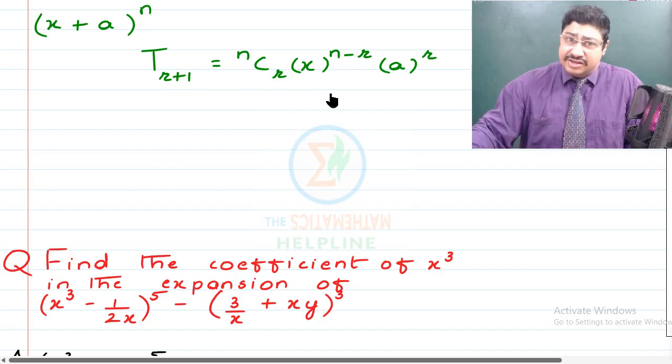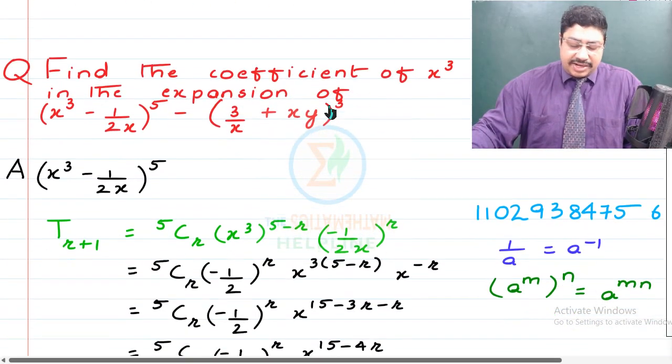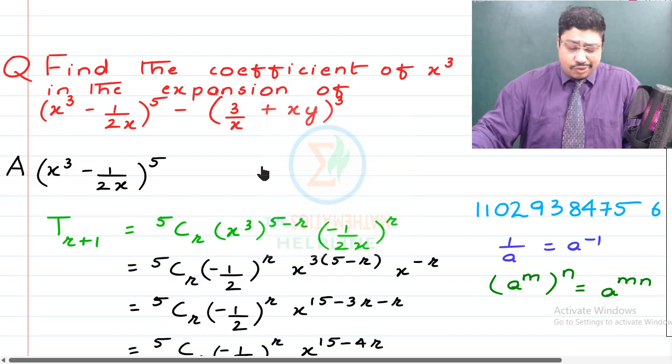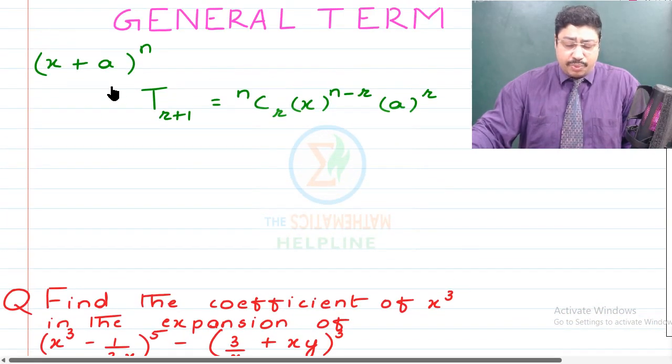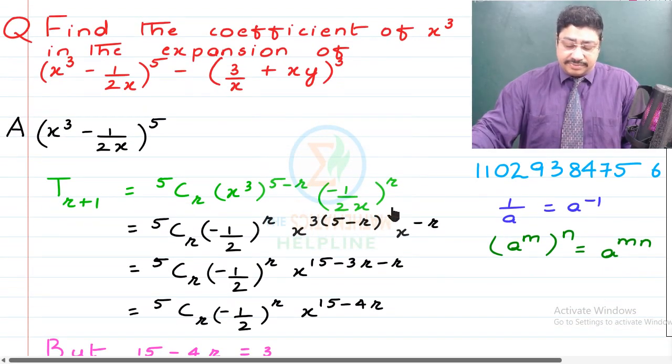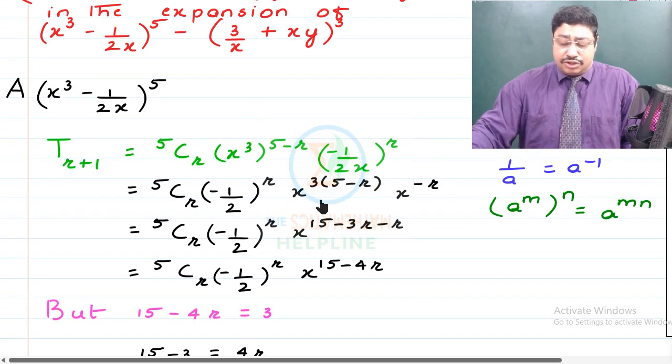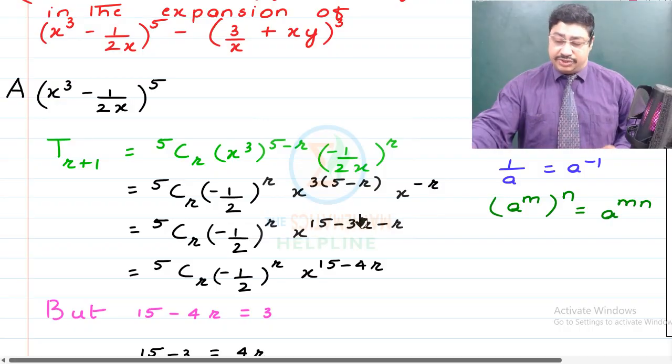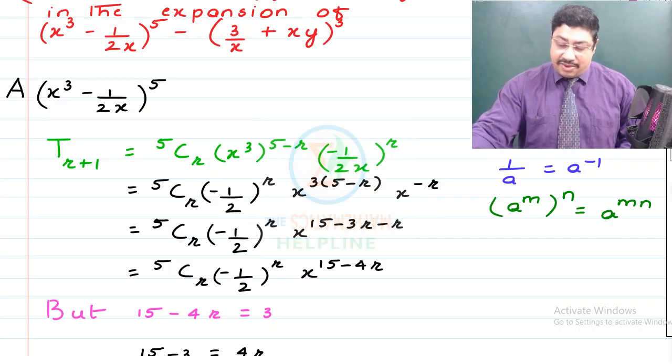Now further here, children, in order to get to a specific power of x, we actually have to talk about this general term. So let's talk about this general term in the first binomial. In the first binomial, we use all of these variables as they were, and we get this to be the general term. Now further, we solve this out and we get to the different powers of x. Use the rules of indices, right? There's another rule of indices which has got applied here, and I'll write that for you.